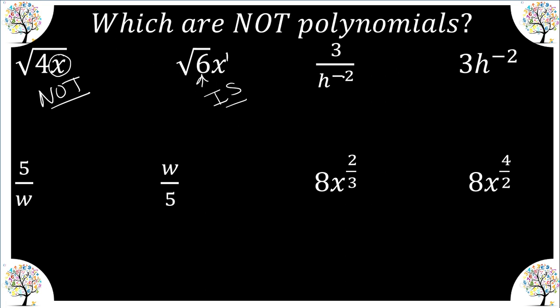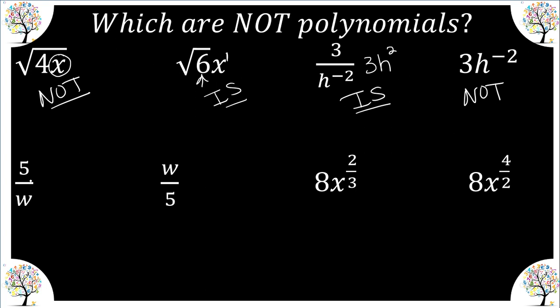In this example, it looks like this is not a polynomial, but once we simplify this, it brings the h to the top, making it a positive exponent. And so this is a polynomial. Here, this -2 is not a whole number, and it's up in the numerator. So this is not a polynomial.